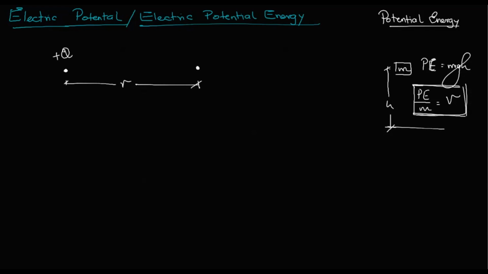So if I go back to the potential energy concept here, if you are given with a potential and if you multiply by the mass, what you are going to get is the potential energy, and this is your gravitational potential energy, right? So keep this in mind, as we'll be using the similar concept here. So if I have a plus Q charge and if I have a radius R, and if I ask you to find the potential at a given point, then that is given by KQ over R.